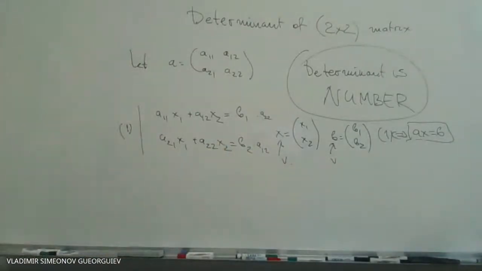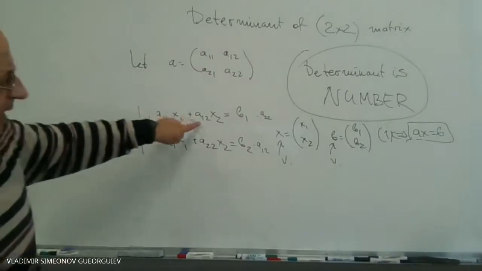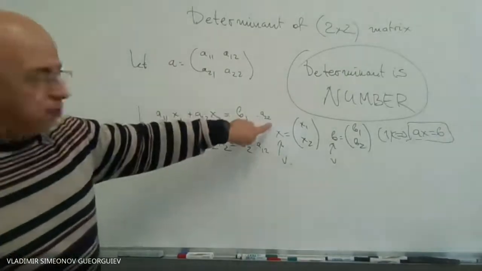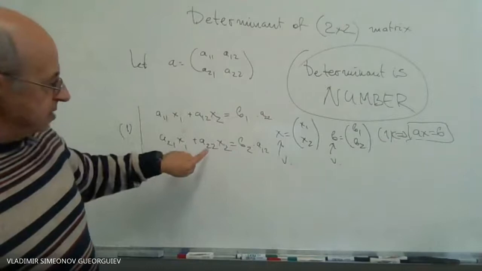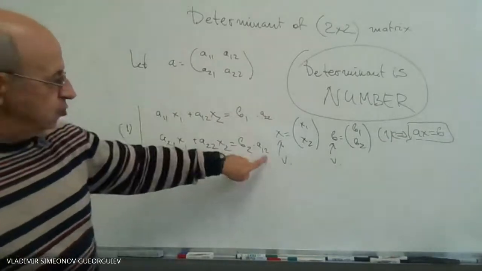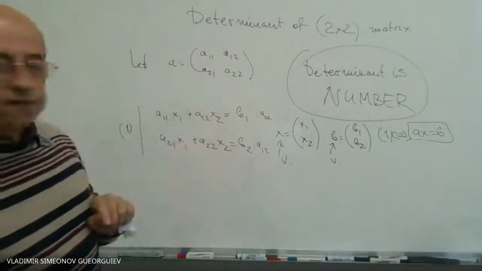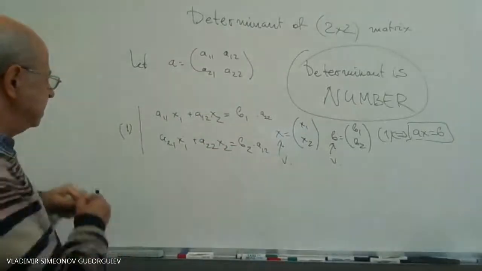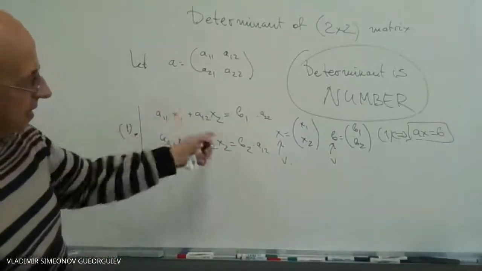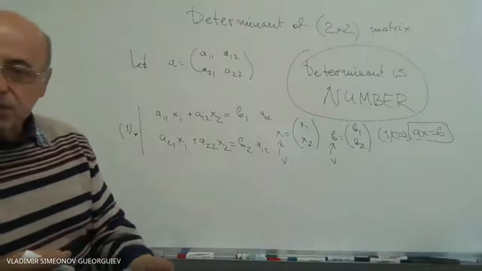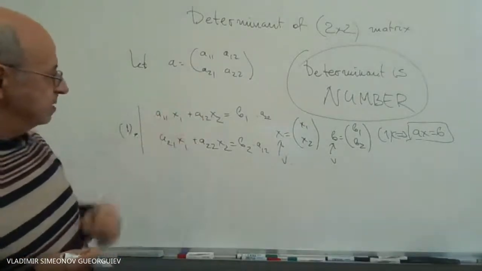Then we shall take the difference. What happens? If I multiply A12 by A22, and then subtract A22 by A12, this is the coefficient in front of x2. So if I take the difference here, practically I shall cancel x2 and shall find the equation for x1.